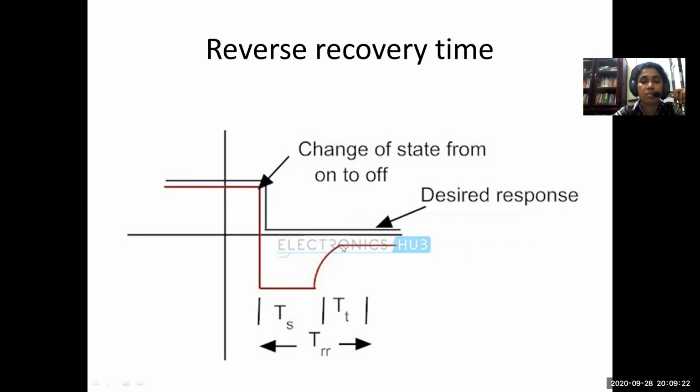So that is the switching time, TS plus TT or TRR, which is represented here. Switching time is the time taken by the forward biased diode to switch to the reverse biased state. Okay, so that is a very important parameter in data communication.